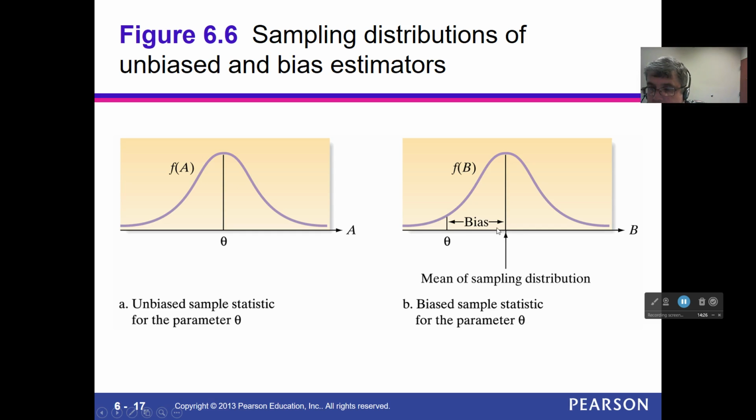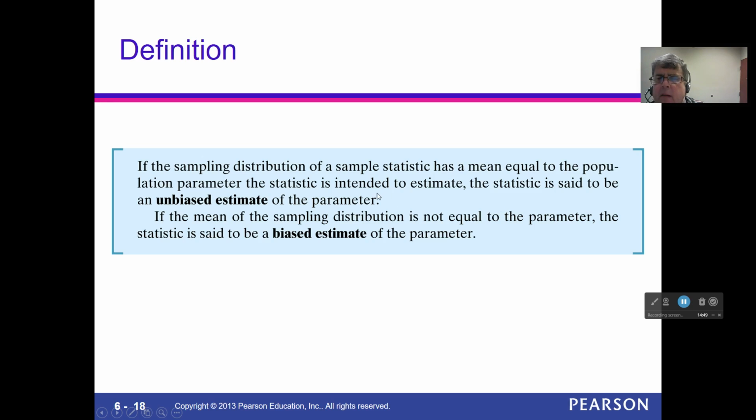A biased estimator would be some sample statistic we use to estimate this population parameter, but the mean of the sample means will be different from the population parameter. We want an unbiased estimator, not a biased one, okay?